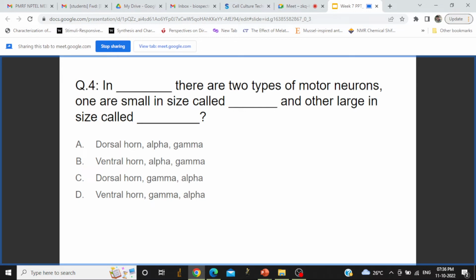So the answers are: they are the parts of the spinal cord, dorsal horn, ventral horn. They are the parts of the brain actually. Dorsal horn, ventral horn, dorsal horn, and ventral horn. And in A part there are alpha and gamma. Anyone knows the answer?